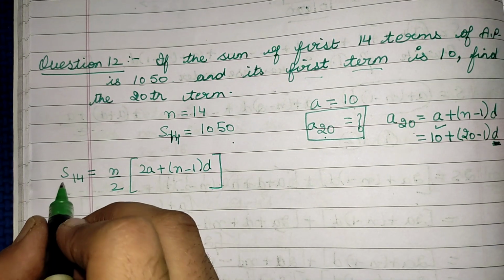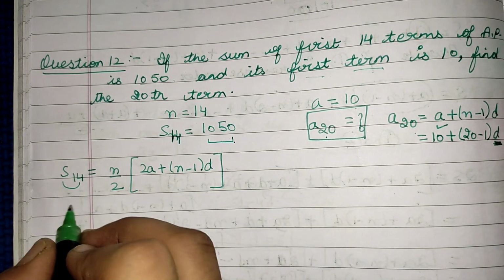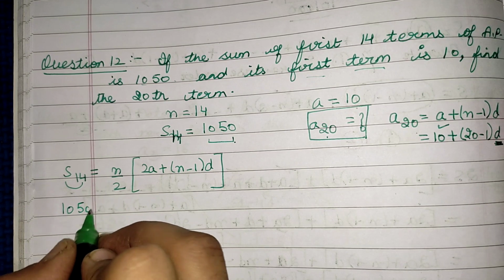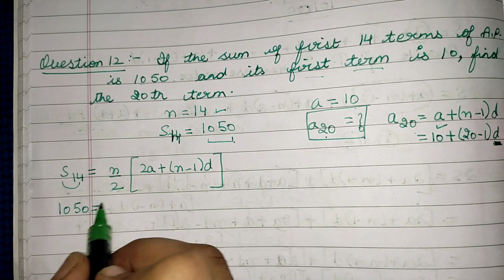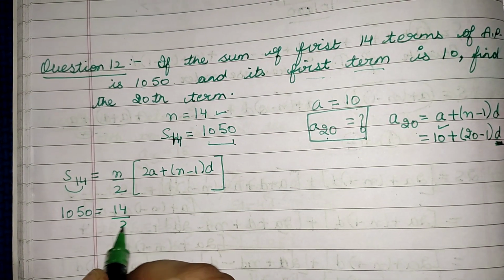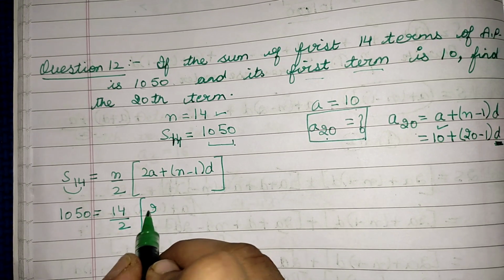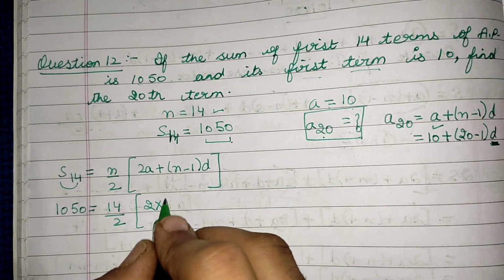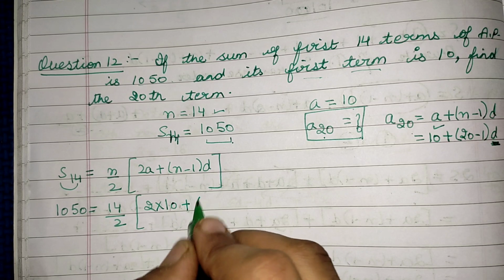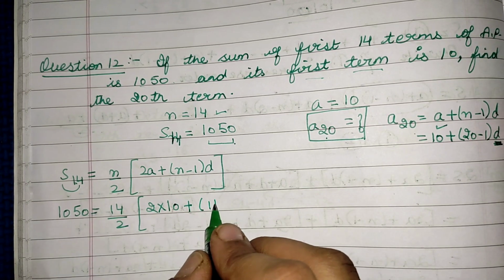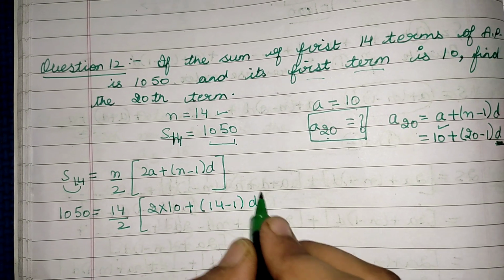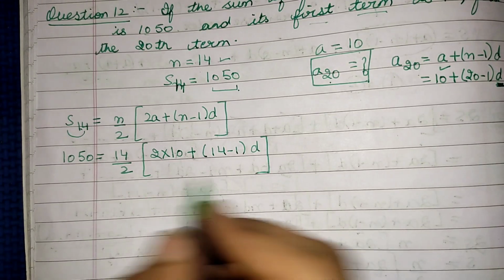So simple. S14 is 1050, and n is 14, divided by 2, into 2a. A is given to us as 2 plus n, which is again 14 minus 1, into the common difference.